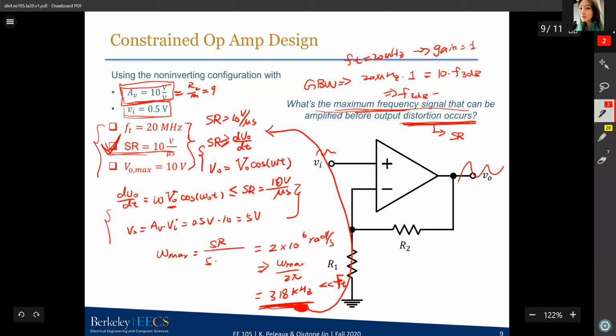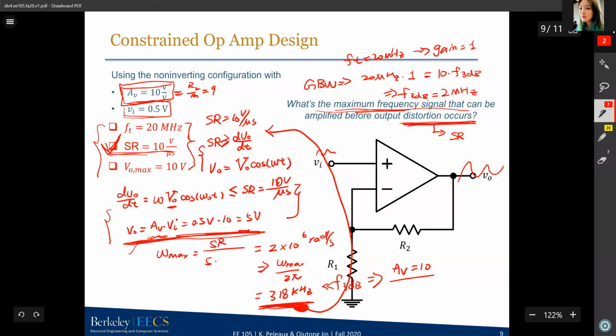We can compare your 318 kHz with the 3 dB bandwidth. This is much less than the 3 dB bandwidth. That means your A_V in this circuit is 10, so our assumption is correct, because we used A_V equals 10 for our circuit.